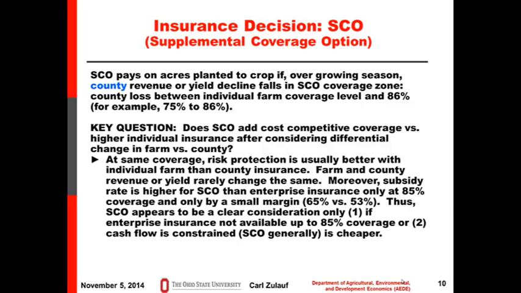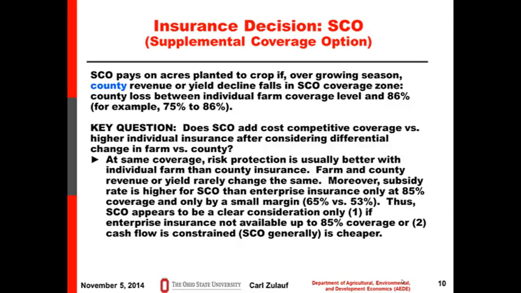So the question that I think you need to pose to yourself is, if I like SCO because it provides coverage up to 86%, would I in fact be better off buying higher individual insurance coverage up to 80 or 85% as opposed to buying SCO? So it's not do I like SCO, it's do I like SCO relative to higher individual insurance.